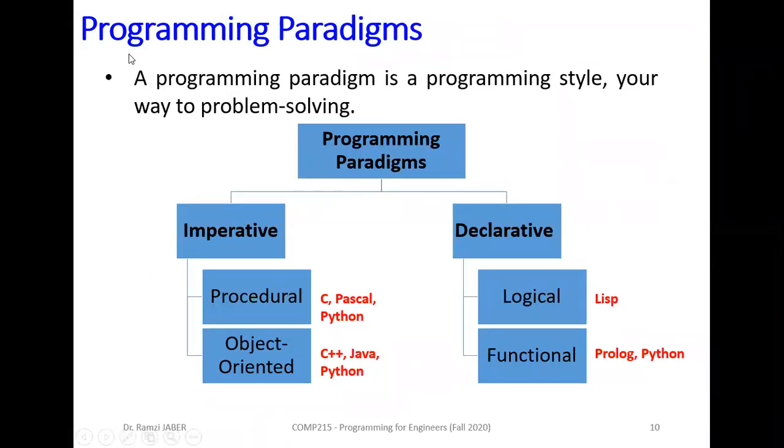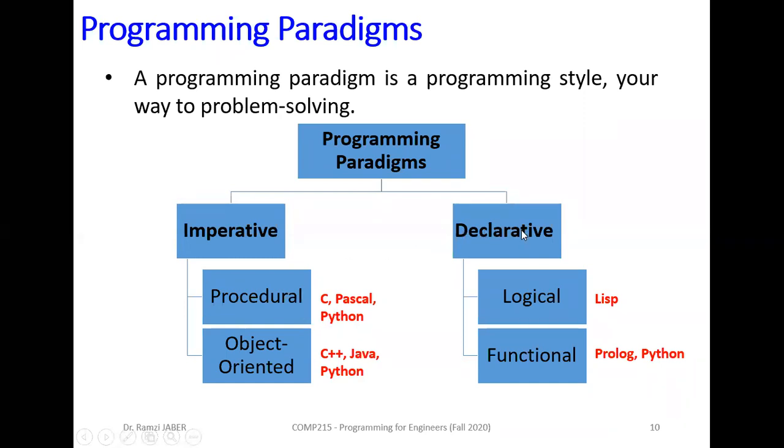We'll talk now about programming paradigms. It's a programming style, your way of problem solving. There are two ways: imperative and declarative. Imperative is like procedural, like C, Pascal, Python, or object-oriented, like C++, Java, also Python.